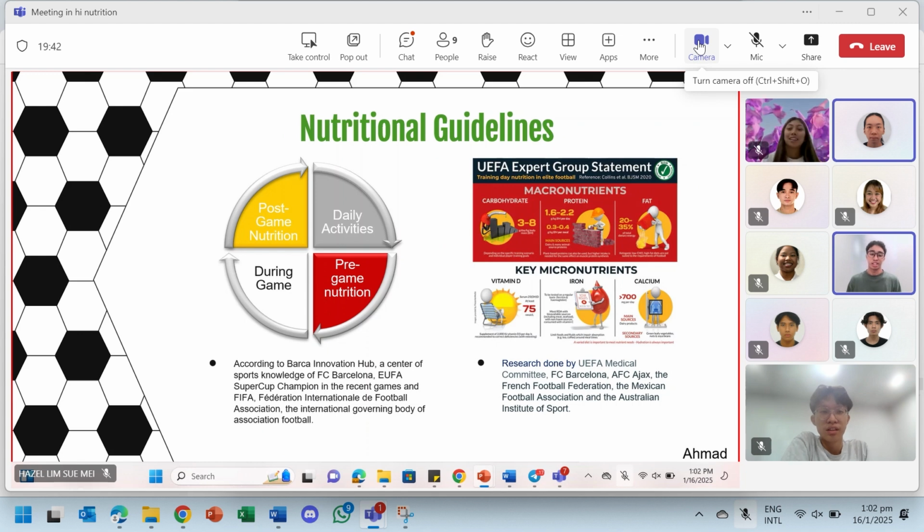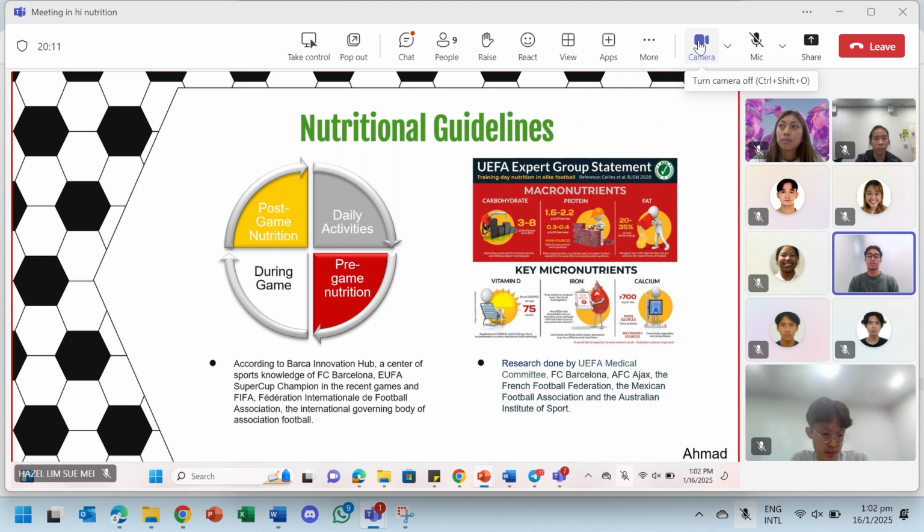So now are the nutritional guidelines. On the left, according to the Basa Innovation Hub, this is the nutritional guideline, which is a cycle of what you do in your daily routine, from what you eat and do before your games or trainings, to what you eat during and after the game to recover.